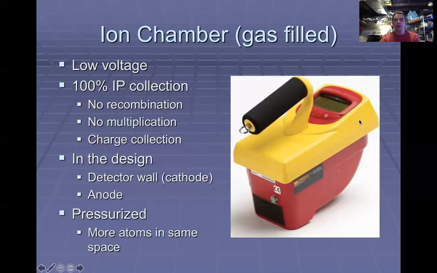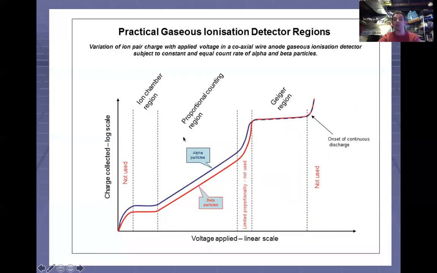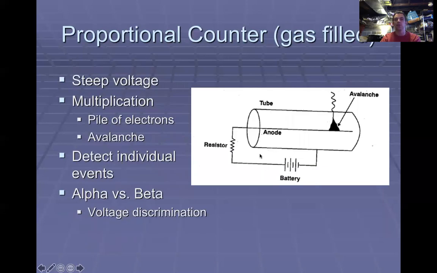The next region on this curve is the proportional counting region. So that is this curve right here. And you can see that there is a divide between these two lines as they increase. And that's where you get the term proportional. Because unlike the ion chamber, there is an actual multiplication factor.